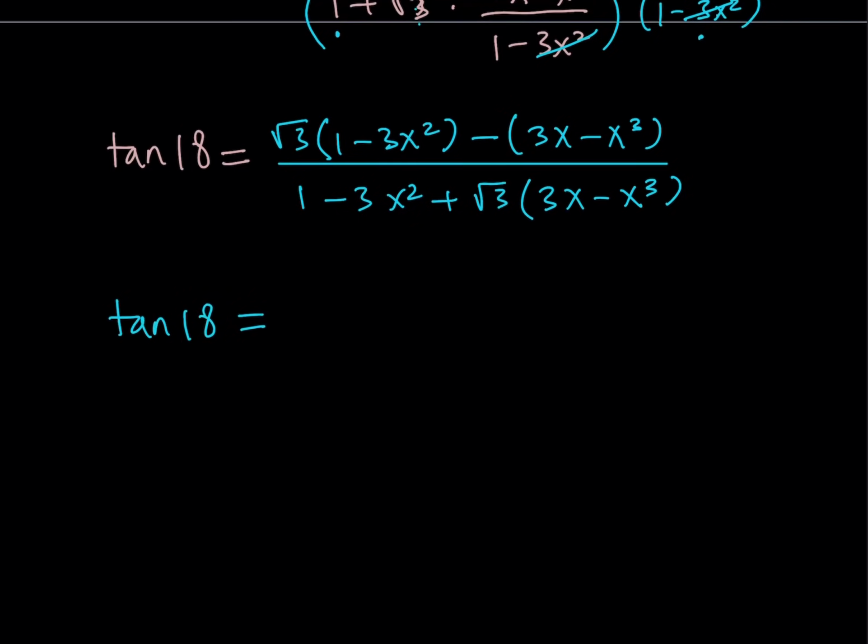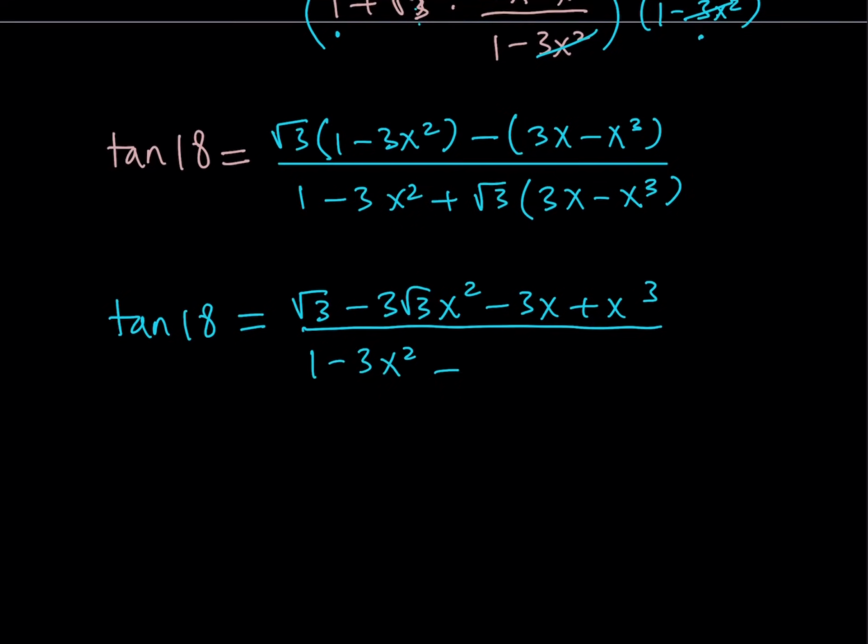Now, how do you simplify this expression? We'll probably need to take a couple more steps here. So I'm going to distribute first. Root 3 minus 3 root 3x squared minus 3x plus x cubed. Again, there are no like terms, so nothing simplifies here. And then the bottom one is going to be 1 minus 3x squared plus 3 root 3x minus root 3x cubed.